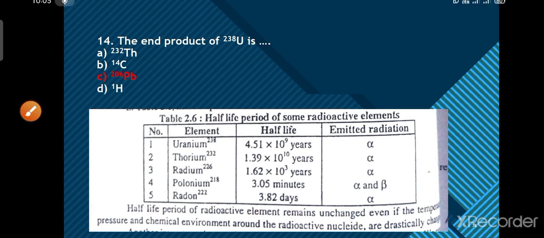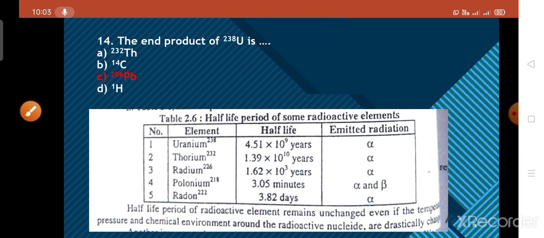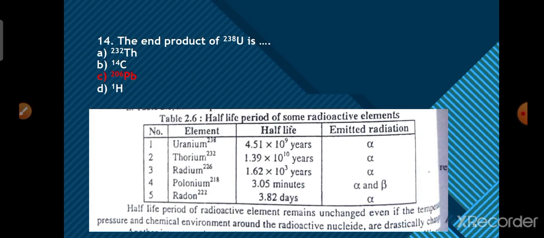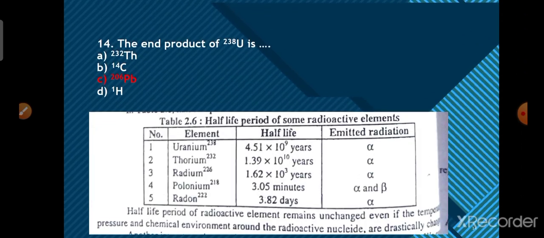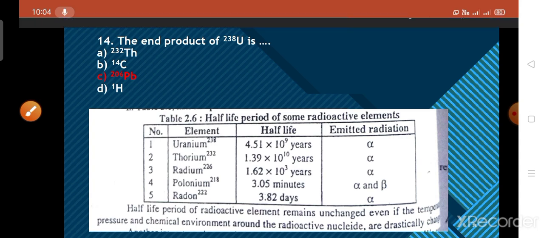Then the next and last question: the end product of uranium 238 is lead 206, Pb. This is the correct option for this reaction. Here we can see the uranium 238. Okay. The next answer we have to see in the next lecture.